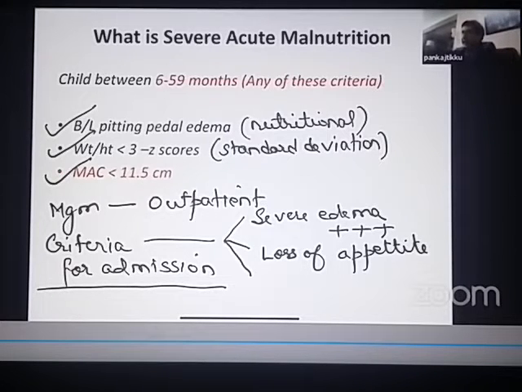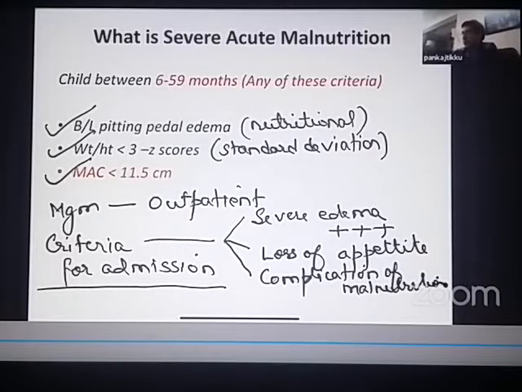or the child has complication of malnutrition, or the child has danger signs, which are defined by the Integrated Management of Newborn and Childhood Illness.